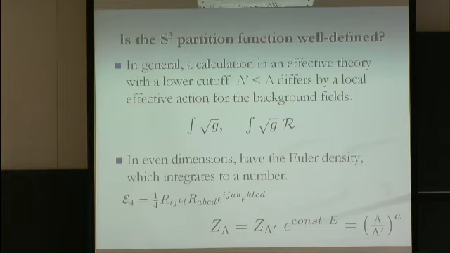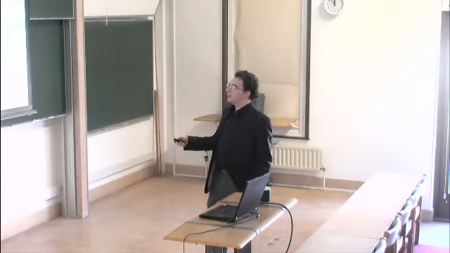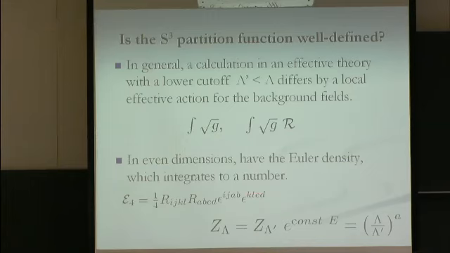Things like this and that. And of course, in any even dimension, I always have the Euler density, which just integrates to a number, say on the sphere or on any manifold. That means that if I compute in even dimensions the partition function with some cutoff, and I use a different cutoff, it will differ in general by something like this, where E is the Euler number of the manifold.